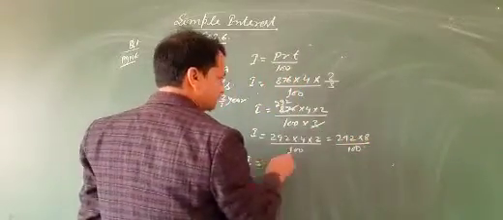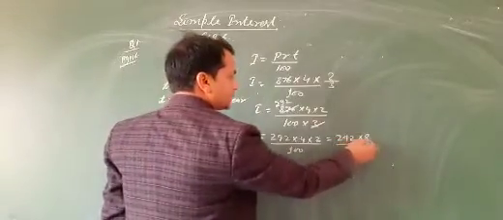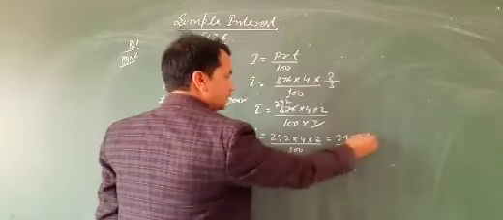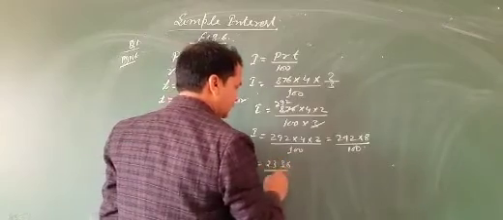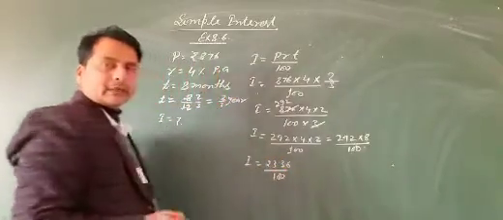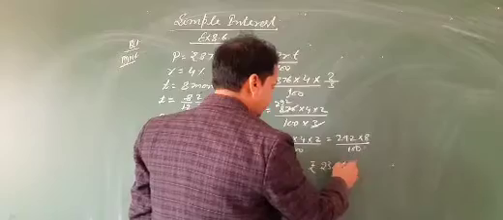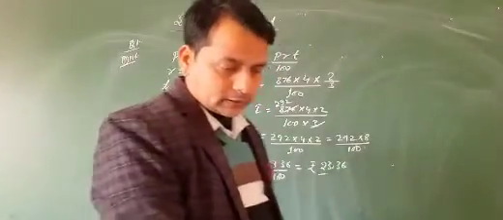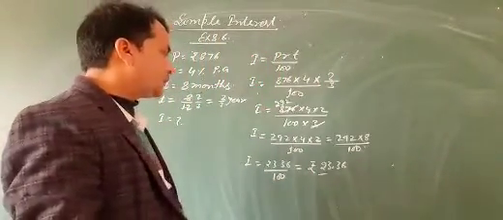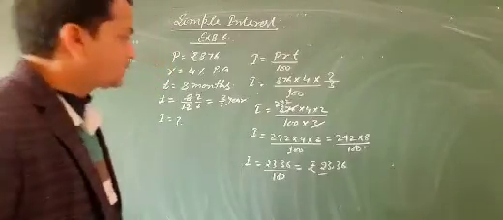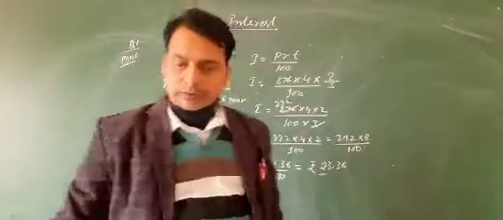Then I equal to 2336 divided by 100, that is 23.36. So in this question, the interest to pay after 8 months is 23.36 rupees.